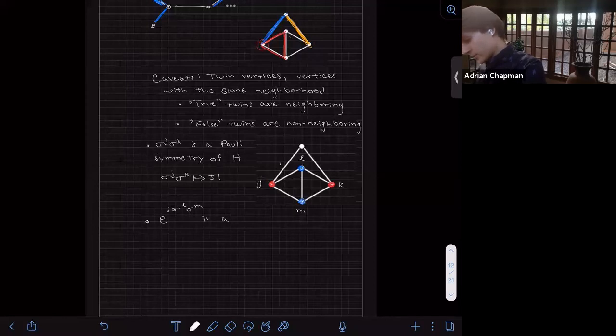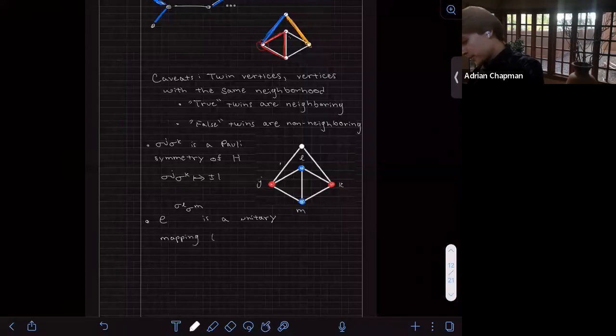Oh, these are non-neighboring, so it has to be that e to the sigma L times sigma M, let me erase it, is a unitary mapping sigma L plus sigma M to essentially sigma L or sigma M up to coefficients.